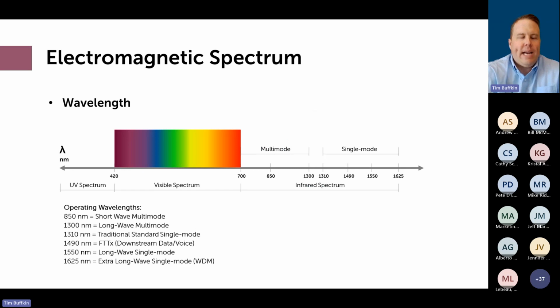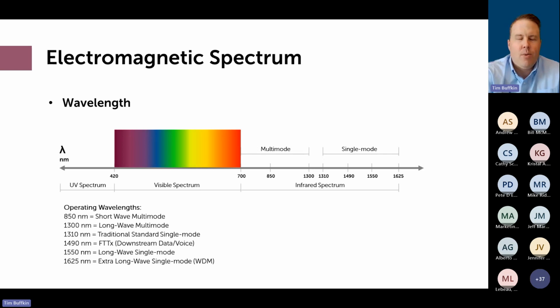And again, we're going to go back and look at the wavelengths. A lot of this has to do with the wavelengths that we're sending through. With multi-mode fiber, we're going to have shorter operating wavelengths, starting at 850 nanometers with a shortwave multimode, and going up to 1300 for long wave multimode. Then once you hit about 1310 nanometers, that's when we get into single mode.